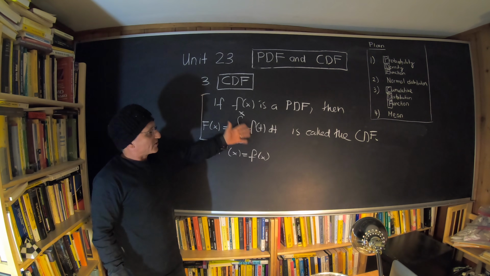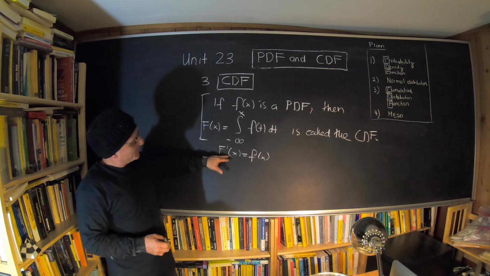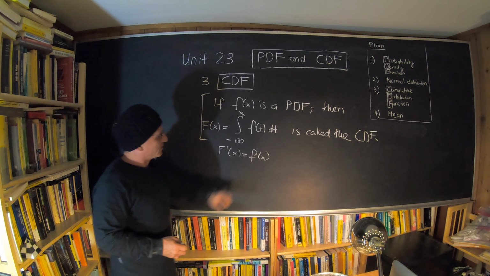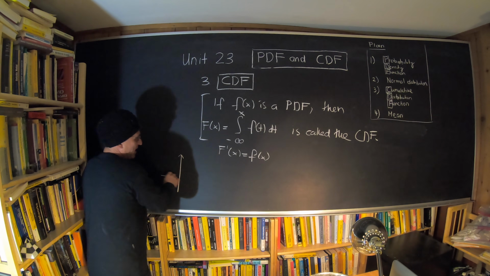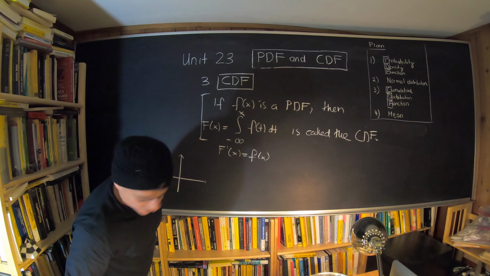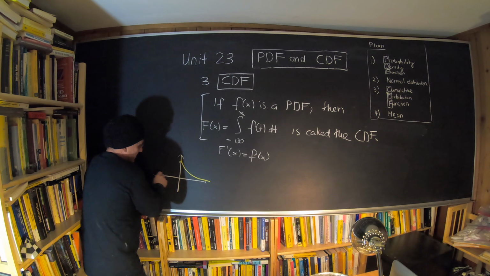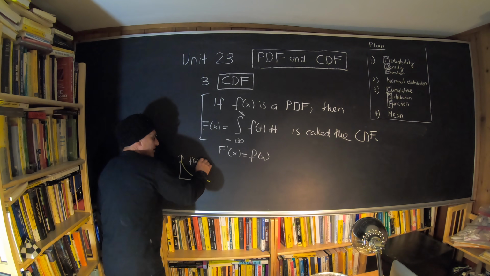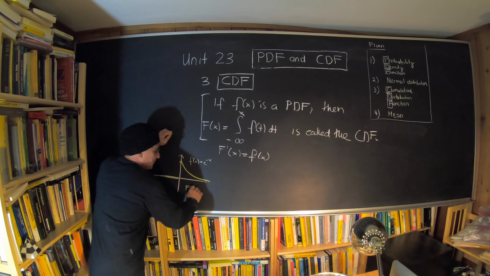What is nice about this function is that it is monotone, it increases in general, and it's always continuous. While f is only piecewise continuous, this is always continuous. Let me give you a couple of examples. If f of x is the exponential function, which is 0 here, so f of x is equal to e to the minus x, then the cumulative distribution function is just the antiderivative of that.